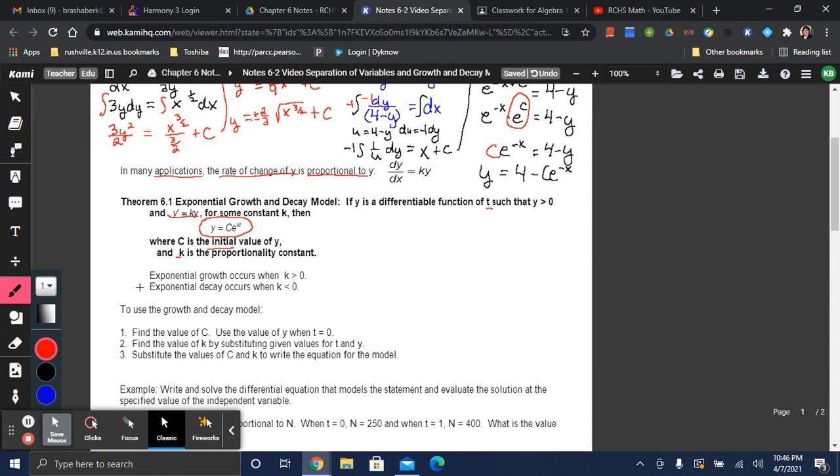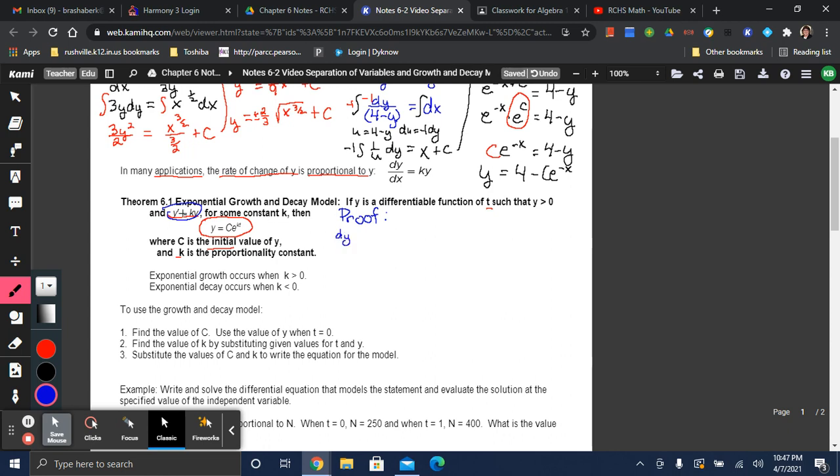I don't normally do this, but I'm actually going to do a proof, or at least an algebraic proof of this theorem. And then once I've done this proof, we'll just be able to use this proportionality equation and not have to go through the derivative process every time. So our given statement is this statement right here, except I'm going to write it as dy dx.